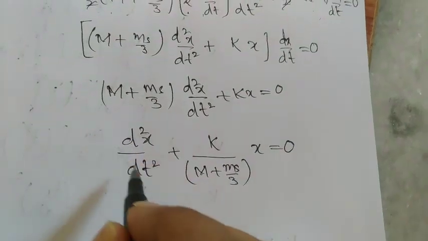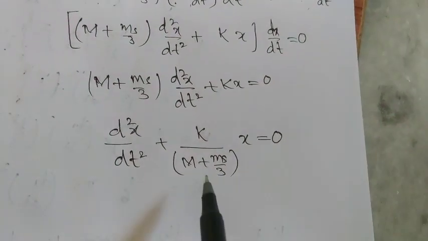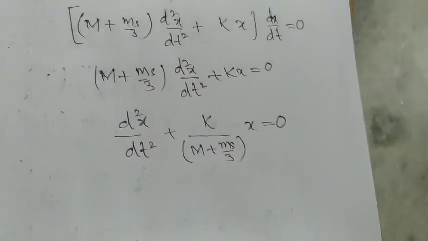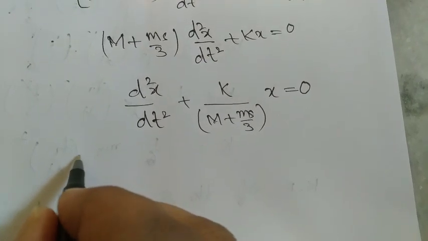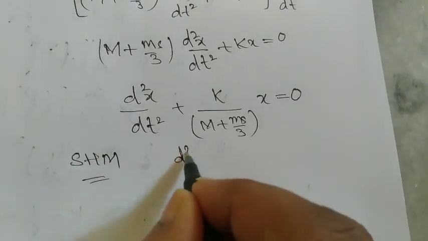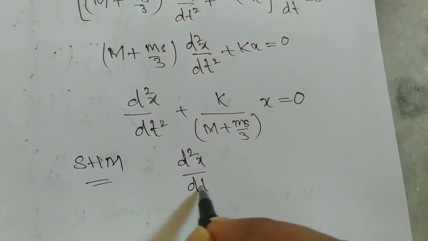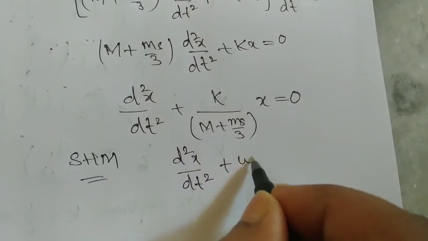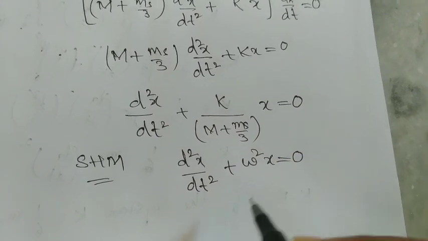So this is the equation we got when we consider the mass of the spring, and it is similar to the simple harmonic motion equation. What is a simple harmonic equation? d^2x/dt^2 plus omega^2 x equals 0.